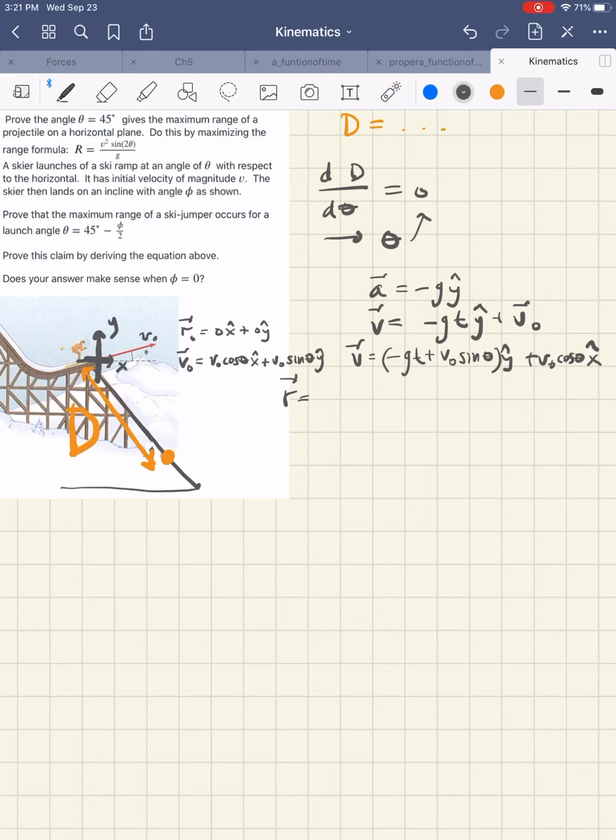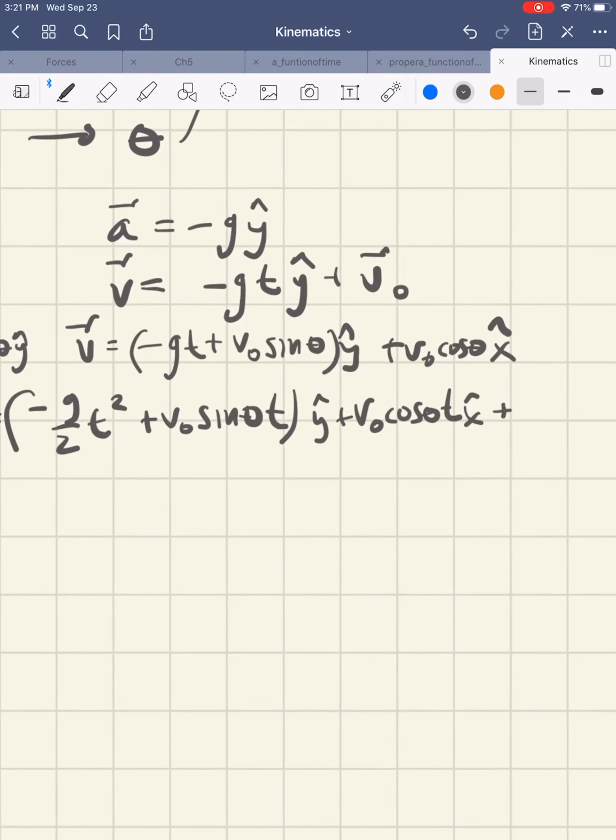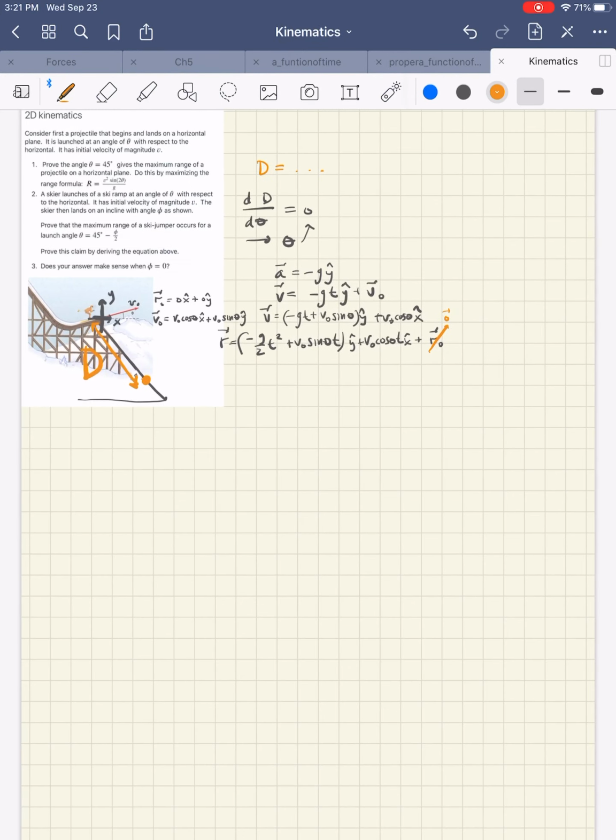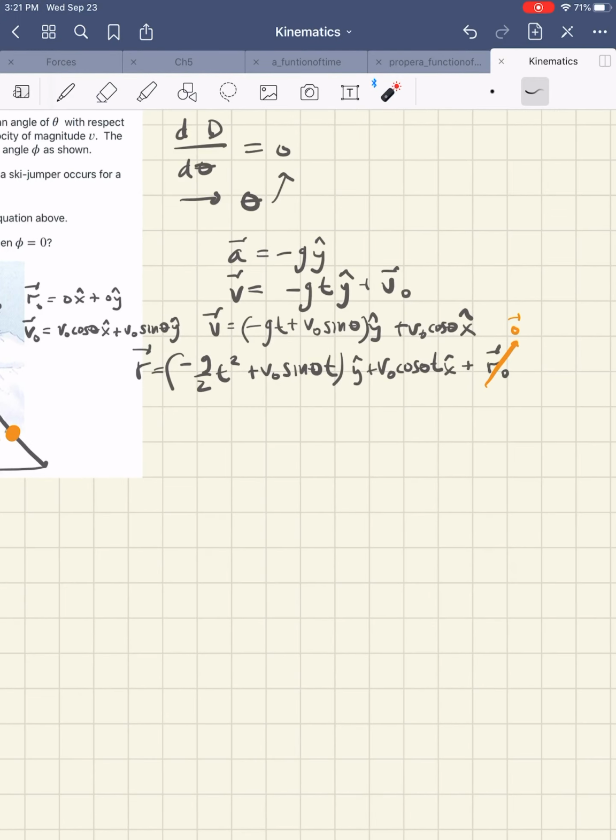And so I'm going to get minus g over 2 t squared plus v0 sine theta times time in the y, plus v0 cos theta times time in the x, plus my initial position, which I've already told you guys is 0. That's what we talked about over here, because I put the coordinate system here. Well, after that, I have my function in time. I'm ready to solve the problem.